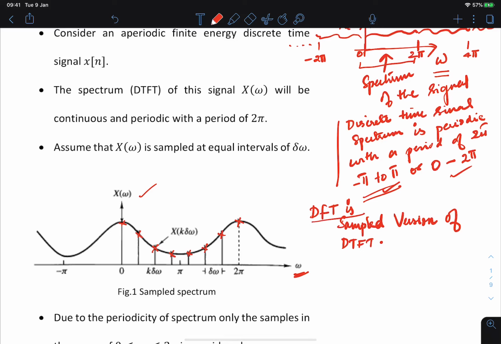So only this much is the basic concept of DFT. These samples give you the DFT of the signal. And look here, we have only taken the range between 0 to 2 pi, or else I could have taken the range between minus pi to pi also. That is also fine, any way you can take. So I have taken the samples between 0 to 2 pi.